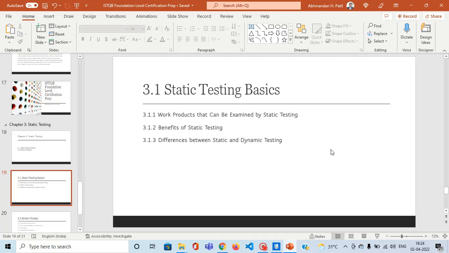What do you mean by static testing? Static testing, in contrast to dynamic testing, which generally requires execution of the software being tested, relies on manual examination, which can be reviews, or we make use of tools like static analyzers.